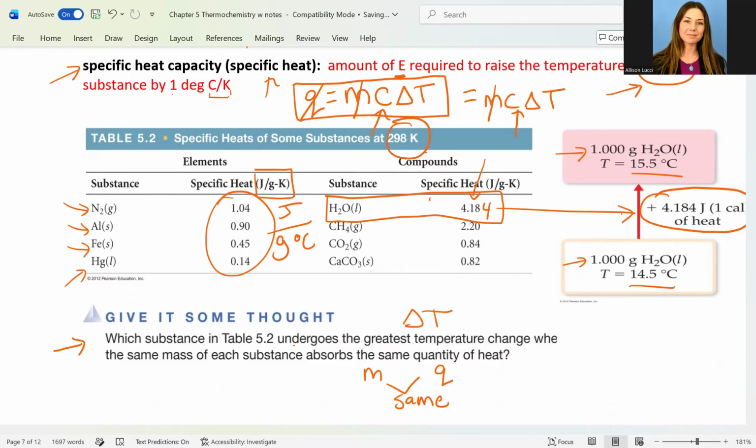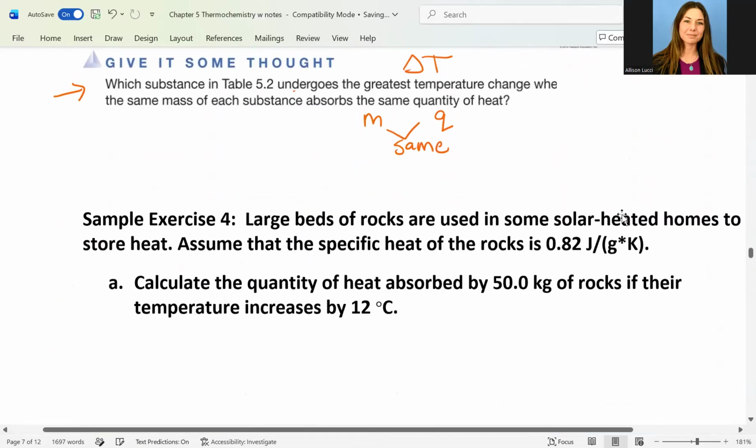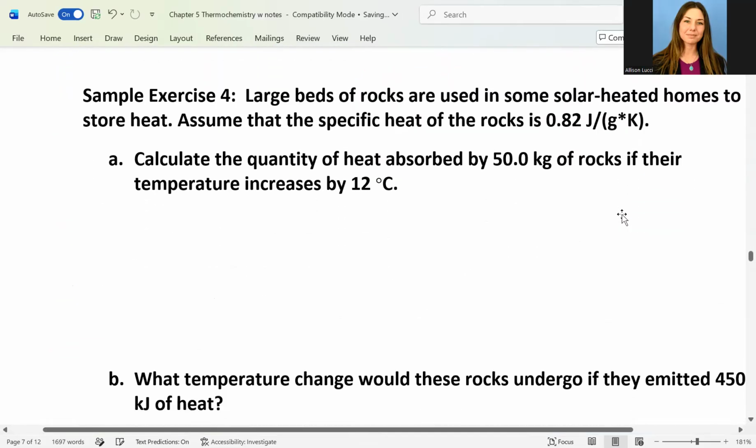So if we have a lower value for that, we would see a greater temperature change, because if we looked at another substance with a higher specific heat capacity, we would see a lower temperature change if we wanted to keep this an equality. So again, for something like mercury, we would see a greater temperature change than in water because of the difference in specific heats. Let's look at sample exercise 4 for the remainder of this video.